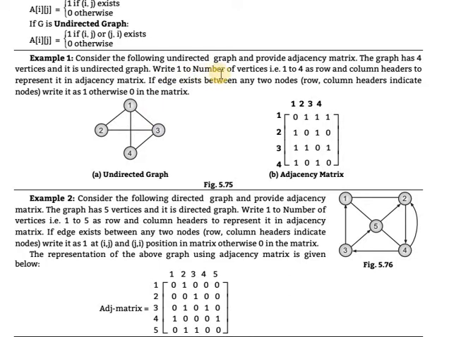Write 1 to the number of vertices, that is 1 to 4, as the row and column headers to represent it in an adjacency matrix.